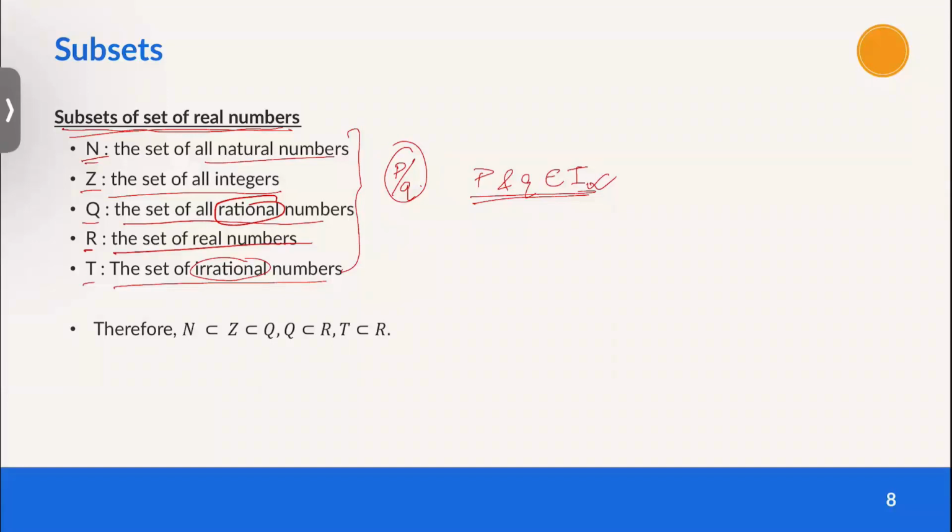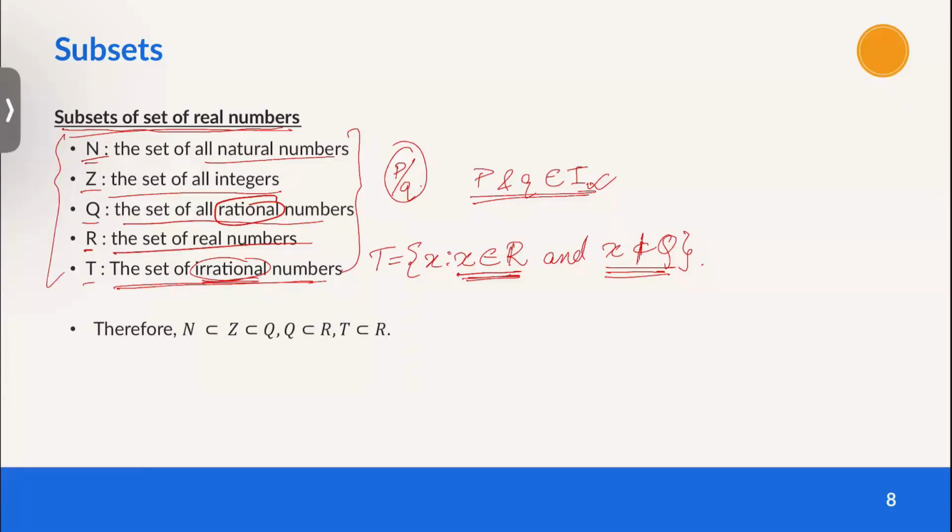And all the real numbers that are not in Q, we can write T as x such that x belongs to the real numbers and x doesn't belong to Q. So x are all the real numbers that are not rational numbers, so they will be irrational numbers.